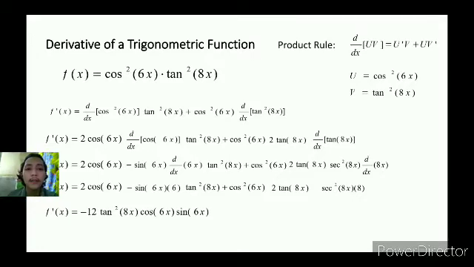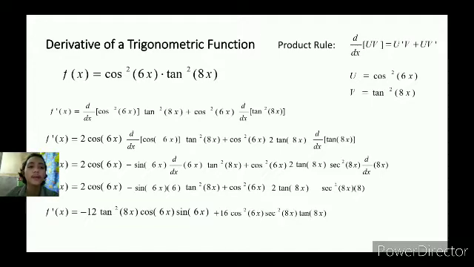F prime of x will now be equal to negative 12 tangent squared 8x times cosine 6x times sine 6x. Negative 12 is from the 2 times 6, and the negative from the sine, you put it in front.